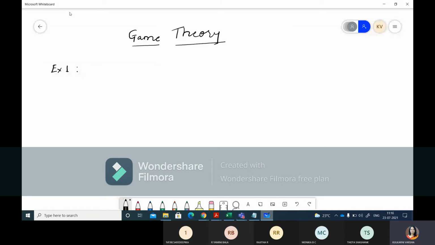So first it is telling, there are two players, player A and B. They are playing with 2 coins, right?